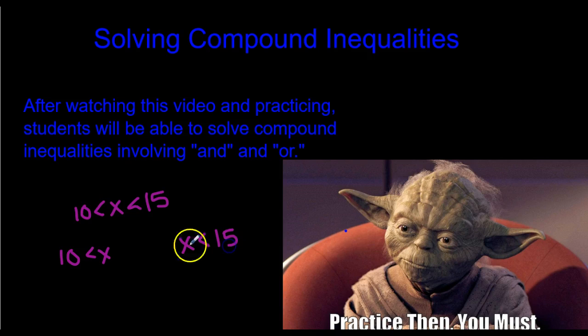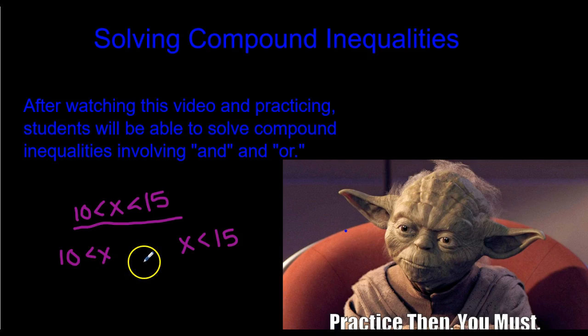So if somebody came up to you and said that they make between $10 and $15 per hour, so basically they tell you this inequality right here, you would make a guess like $11, $12, $13, $14, 10.50, 14.50, something like that, because it satisfies both of these inequalities. So when they write an inequality like this, that means that both things have to be true.